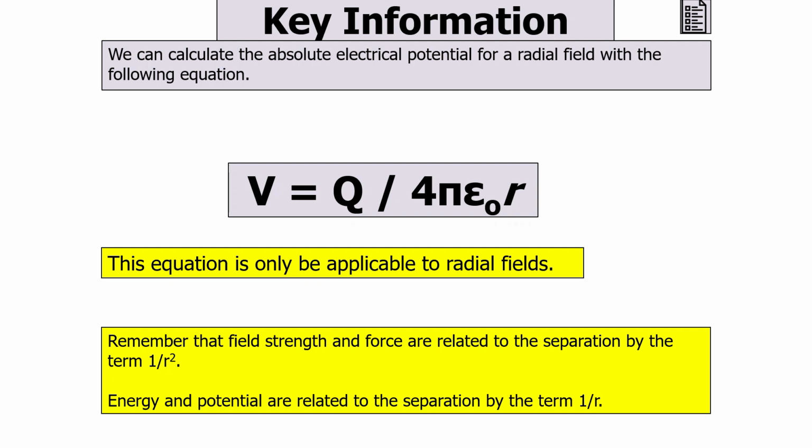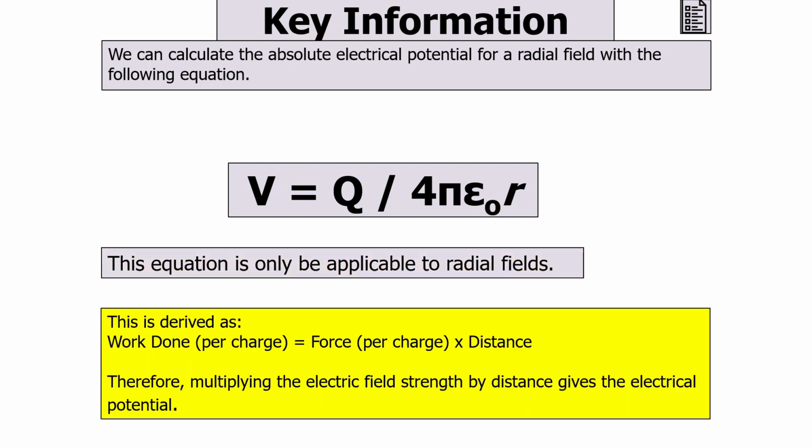Now remember that the field strength and force are related to the separation from the charge by the term 1 over r squared, but energy and potential are related to the separation by the term 1 over r. Now we can derive this equation as we know the work done per charge is equal to the force per charge times the distance. Therefore, multiplying the electrical field strength by the distance gives the electrical potential.